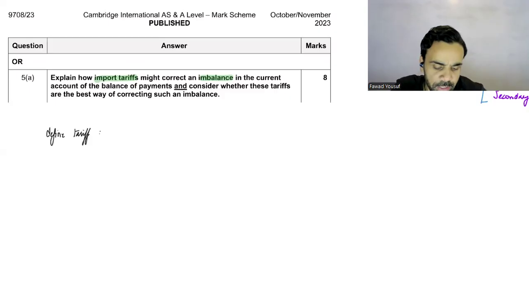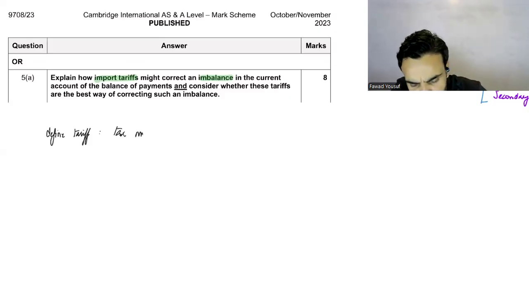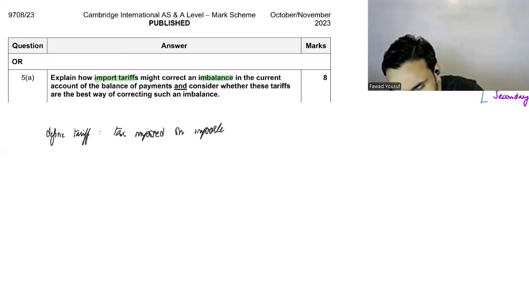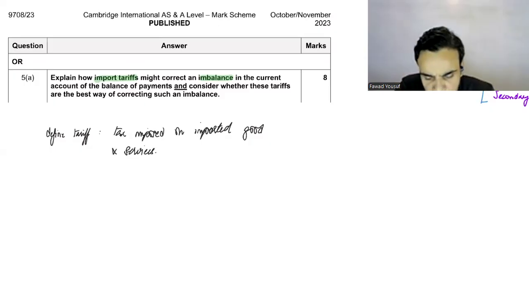अगर बहुत ही brief करना है तो we could say that it's a tax imposed on imported goods and services. What else does it do?